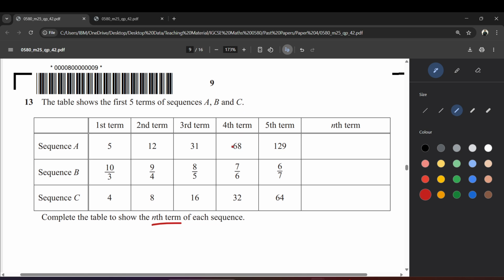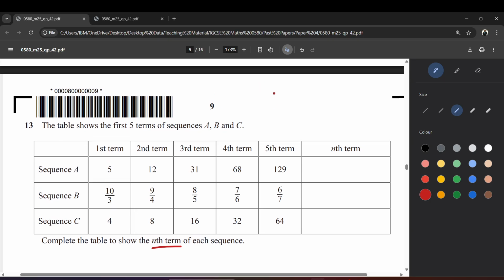Now the sequences that we basically have can be categorized into 3 or 4 categories. You can have a linear sequence, also called an arithmetic sequence. The next one is a quadratic or a cubic sequence.